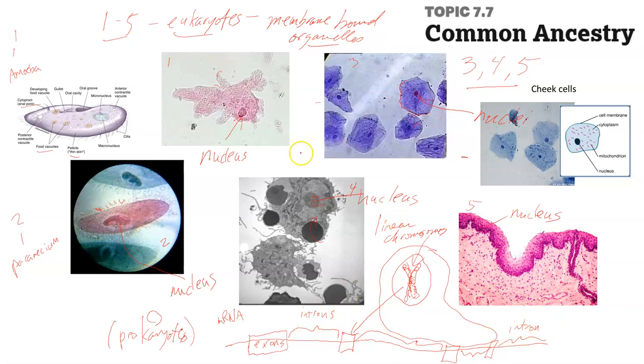Because we have membrane-bound organelles, such as the nucleus, mitochondria, Golgi apparatus, all of these things. We have linear chromosomes. We share that in common. And if you were to break that chromosome down into the DNA form and watch that mRNA being transcribed from it, a lot of that gets removed. A lot of it is junk. And all eukaryotes share this junk in common, this process of having usable DNA and these introns that get removed.